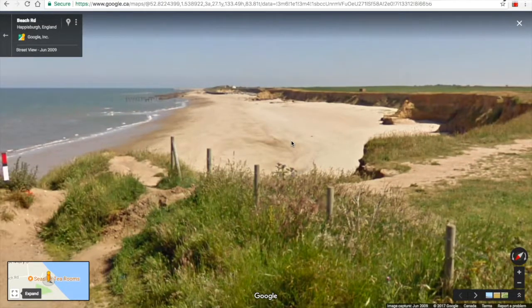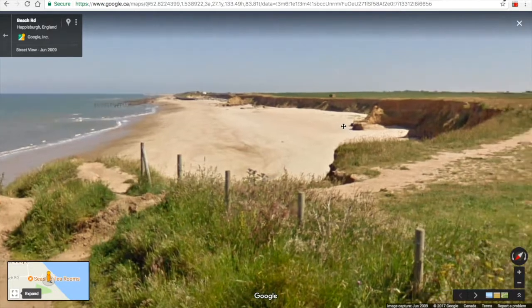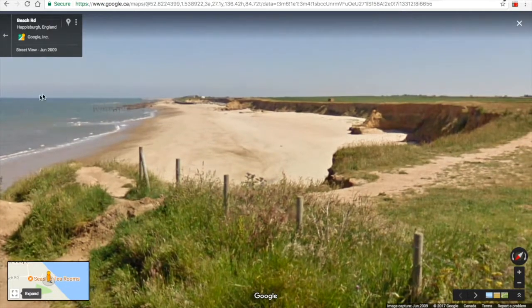Here in Happisburgh, England, as I use my Google Maps, you can see that the water from the sea has come up all the way to the beach, and through a method called undercutting, which is another form of hydraulic action, has worn away at the surface of the cliff, and therefore that creates an uneven cliff.